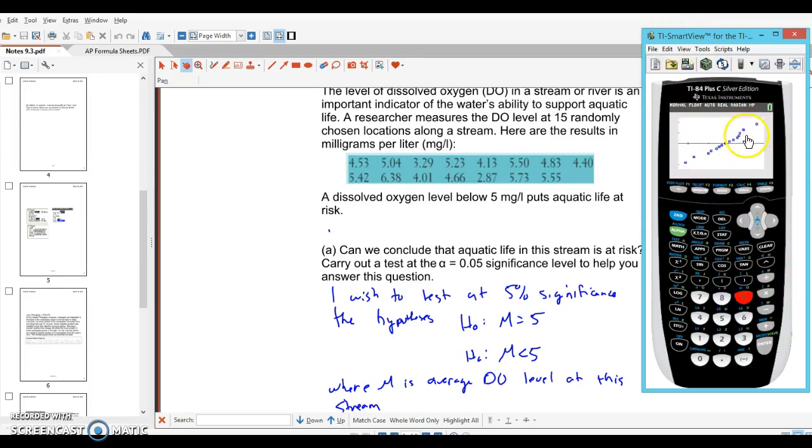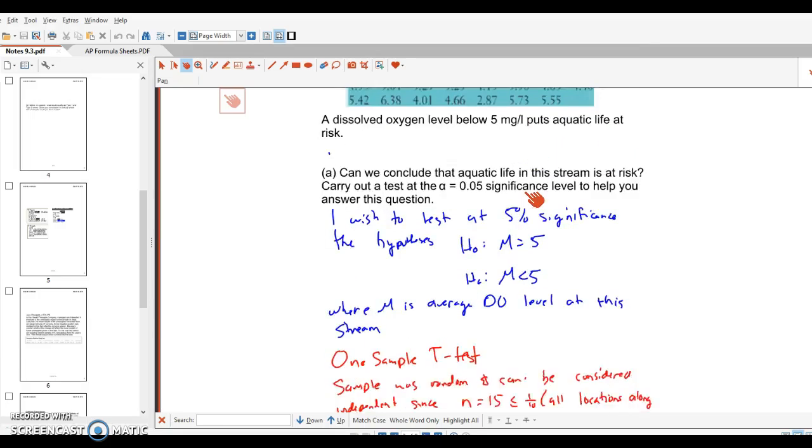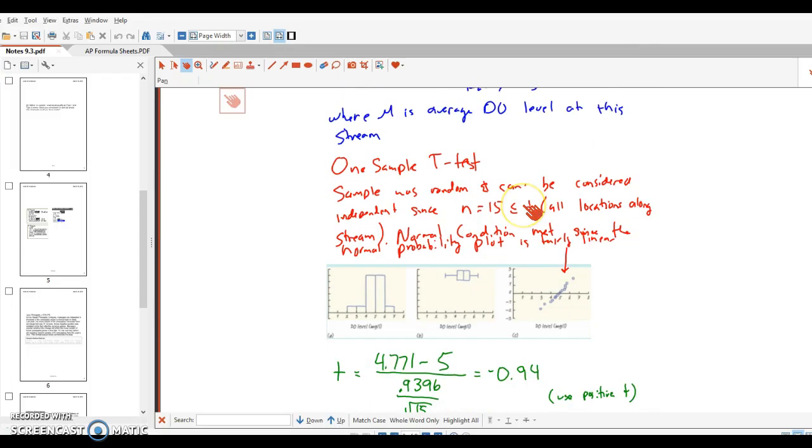So compared to the last one we looked at, it's much more linear. So you'd say that the plot is fairly linear without any very severe outliers. So you could say that this justifies the normal condition. The approximate linearity implies that the distribution is approximately normal.